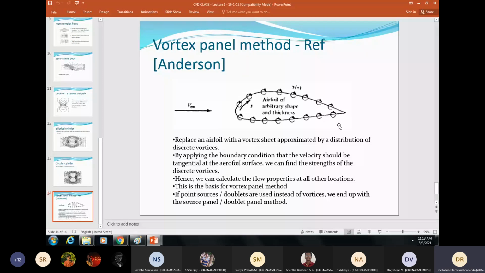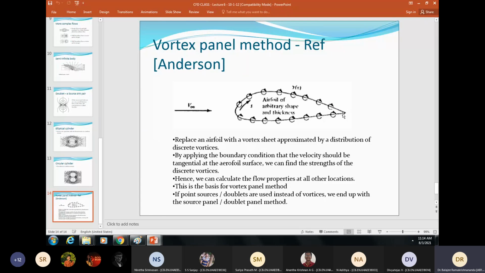There's a small catch here. At the trailing edge, usually we try to ensure that the Kutta condition is satisfied. So actually, on the trailing edge, the gamma should be 0. We impose this by saying that the strengths of the vortices just above the trailing edge and just below the trailing edge are equal and opposite in sign.